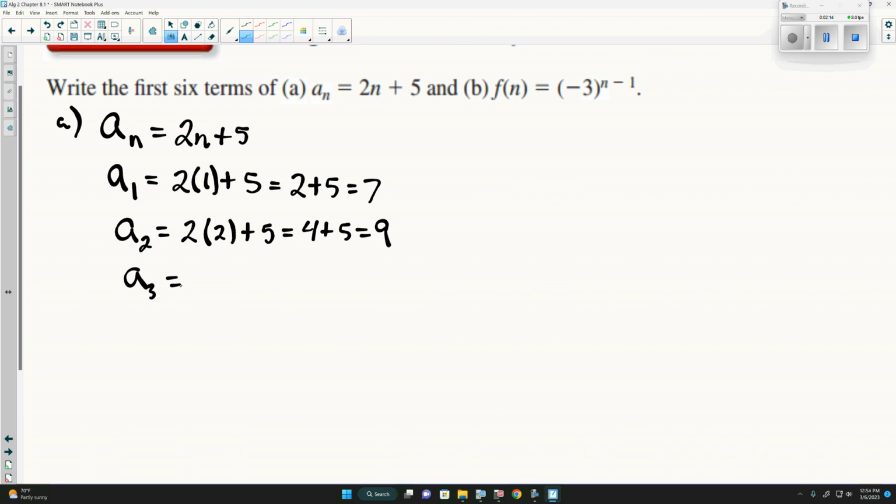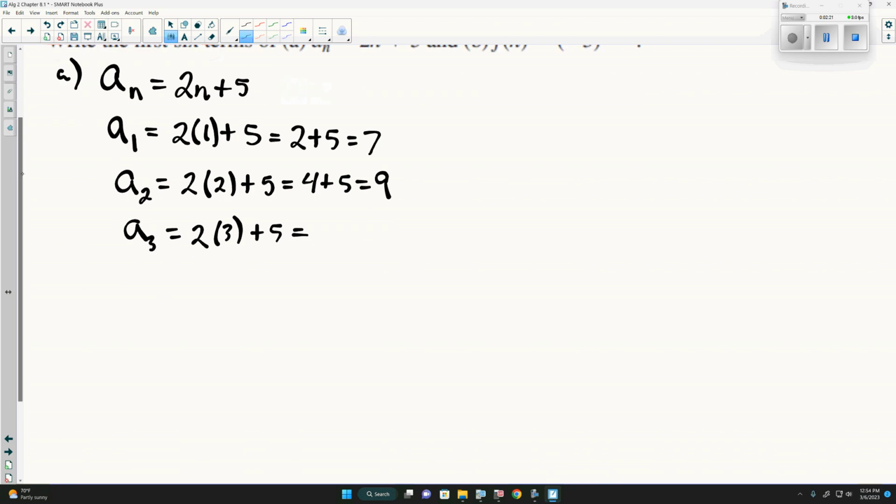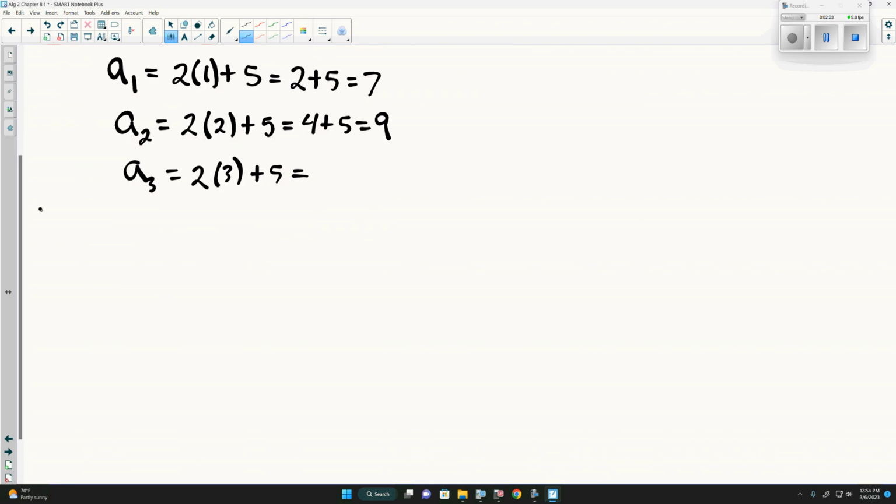Now, a sub 3 would be 2 times 3 plus 5. So 2 times 3 would be 6, and 6 plus 5 would be 11. And we're going to do the same thing for a sub 4, which would be 2 times 4 plus 5.